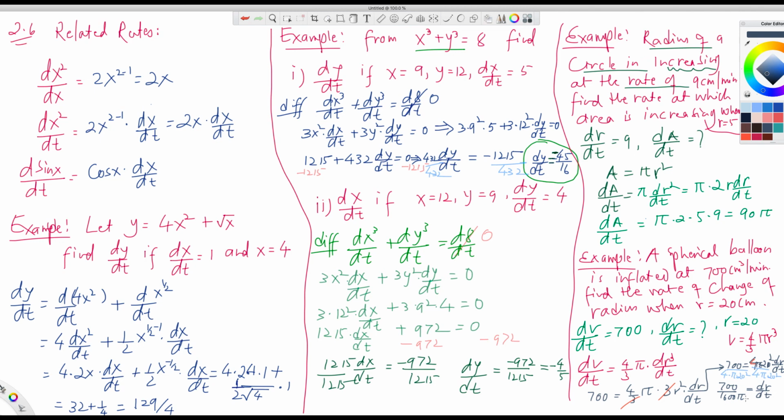So what is dr over dt then? You divide by 100 on top and bottom. The 2 zeros and 2 zeros will cancel out. So dr over dt is 7 over 16 pi, which is the final answer for this problem. That is the rate of change of the radius: 7 over 16 pi.